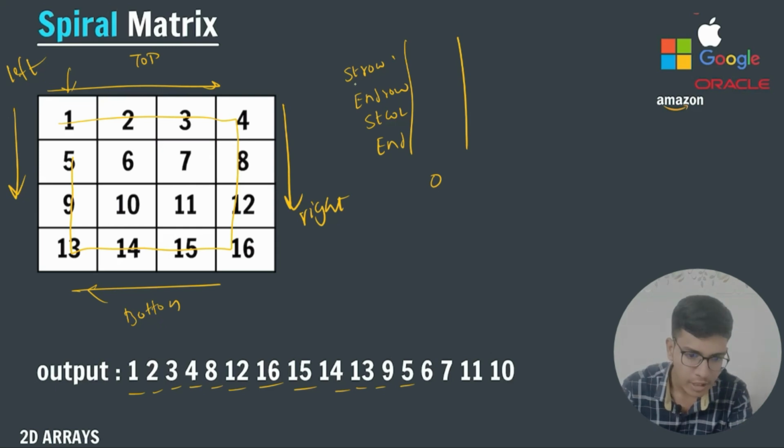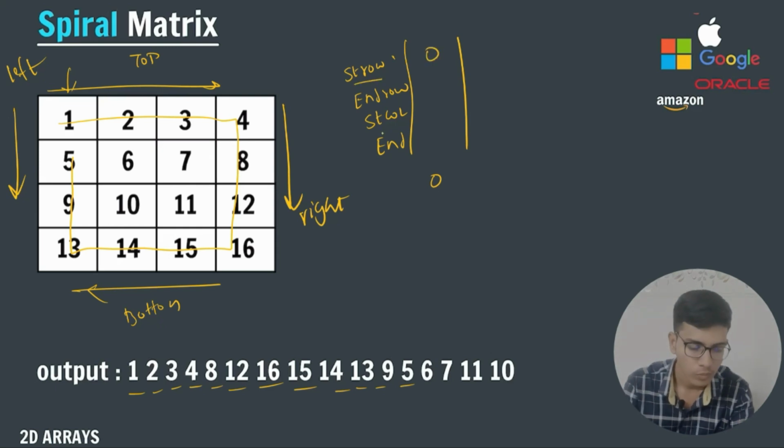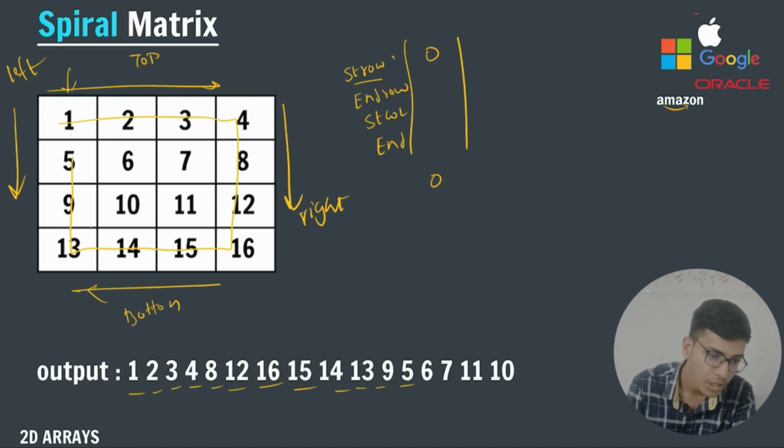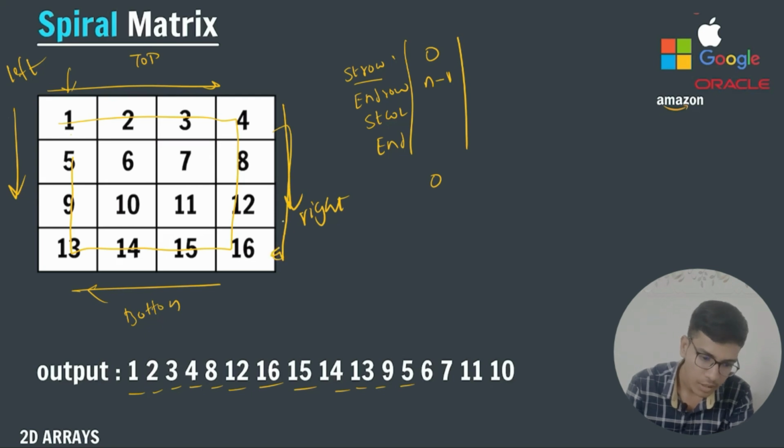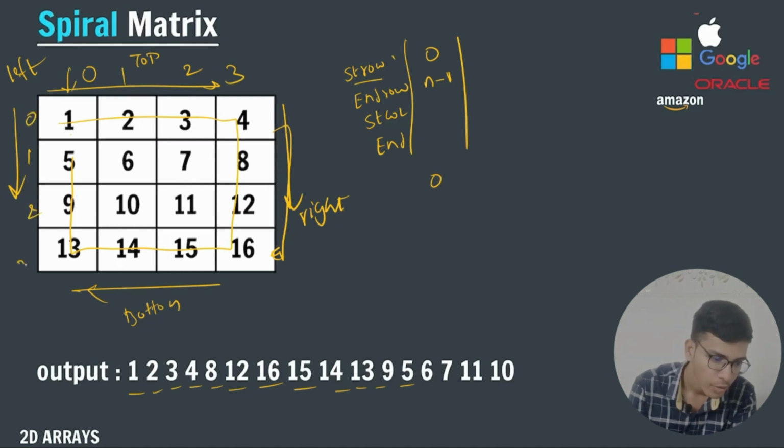So my starting row will be 0. In my first spiral the starting row is 0. After that, where am I going from starting to ending? Can I write n minus 1? Let us consider that the number of rows is n. So I am traversing up to n minus 1, and from this I am coming right like this. The indexes are 0, 1, 2, 3, and after that 0, 1, 2, 3.